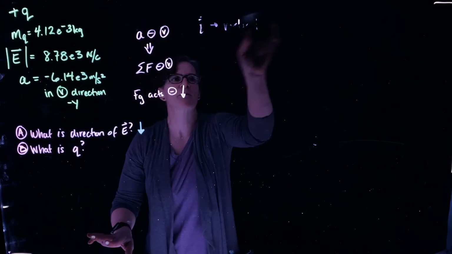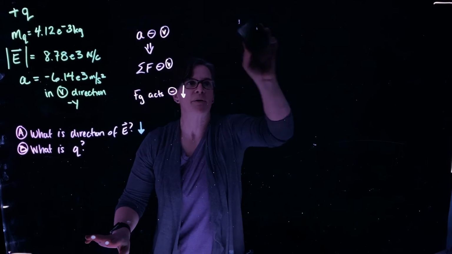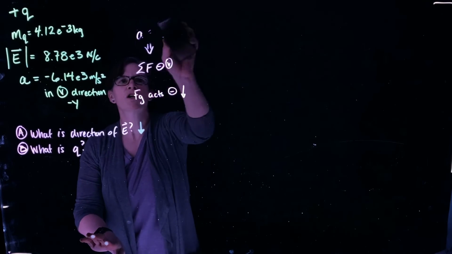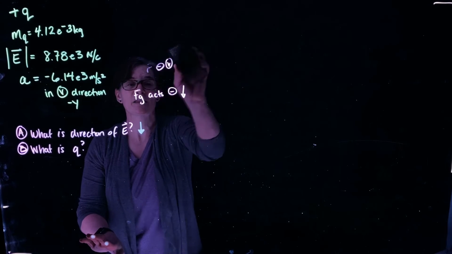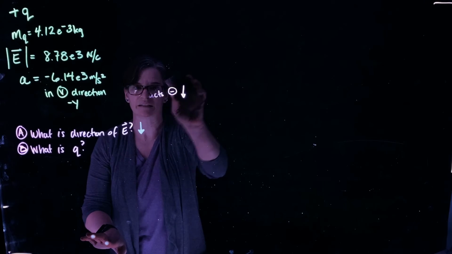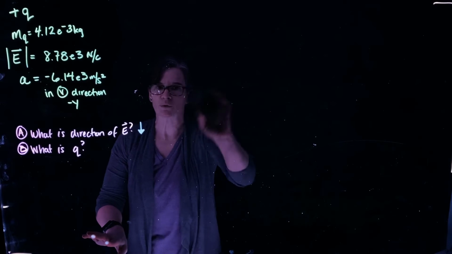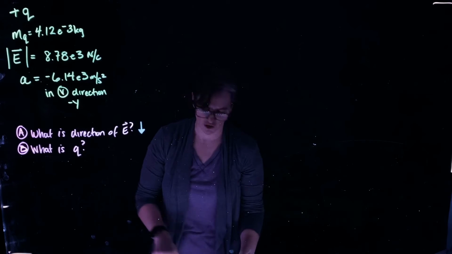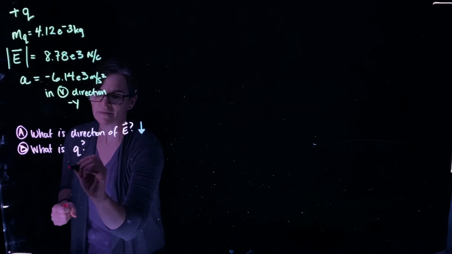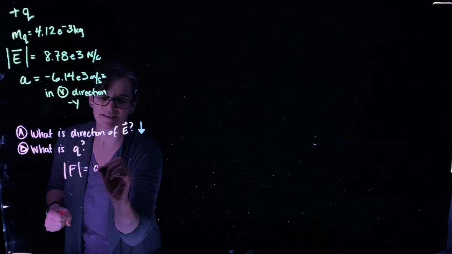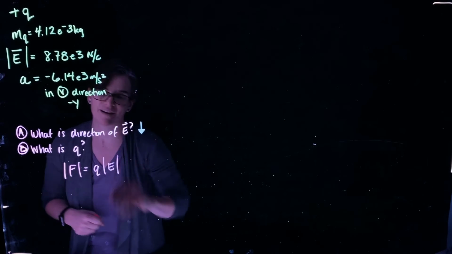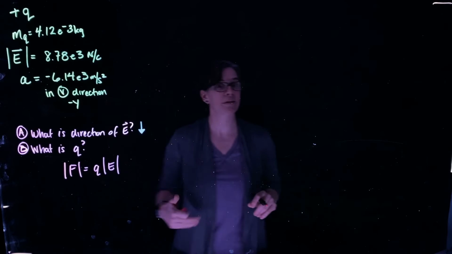So what do we want to remember? We want to remember that the force a charged particle feels in the presence of an electric field is equal to the magnitude of that charged particle times the magnitude of the electric field. Well, I know the electric field.